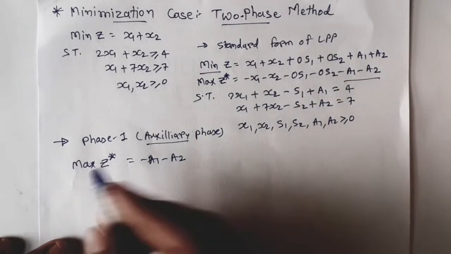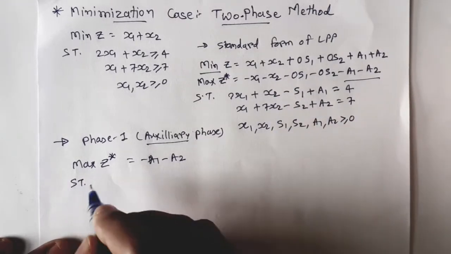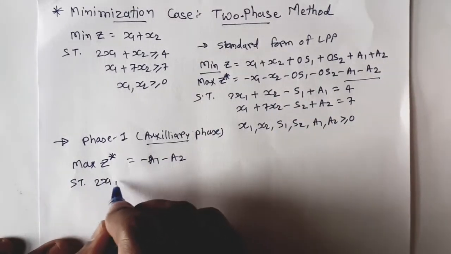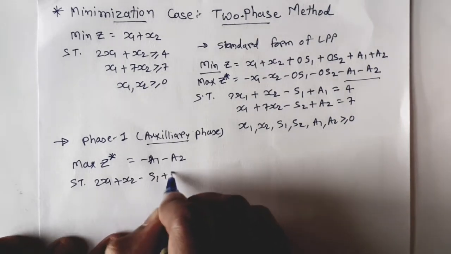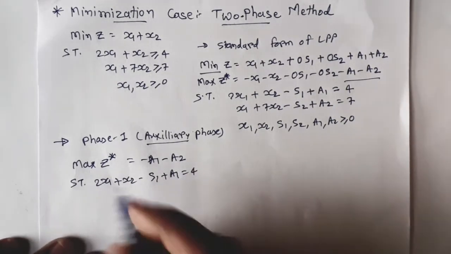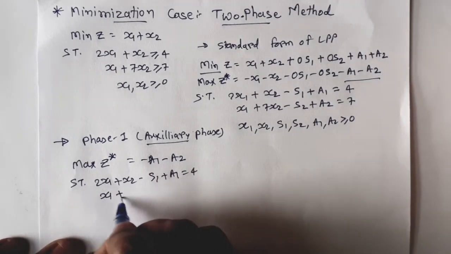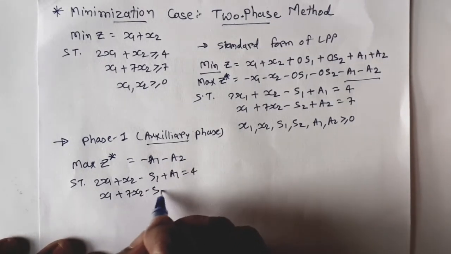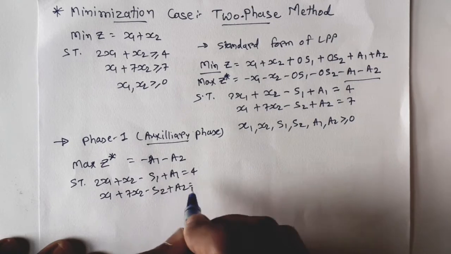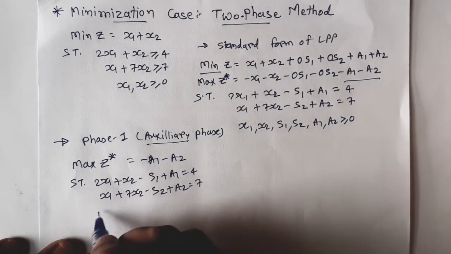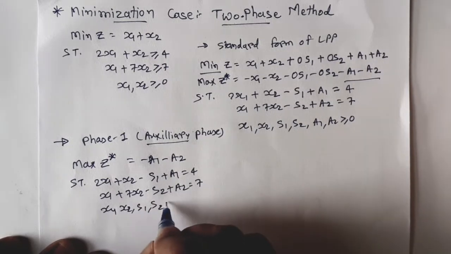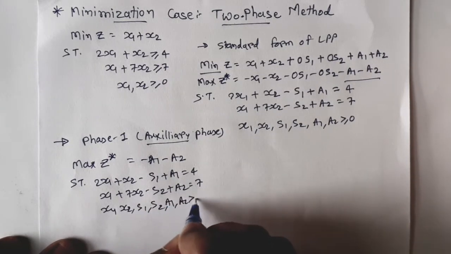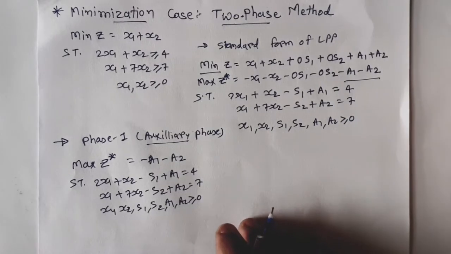The constraints remain as they are: 2x1 plus x2 minus s1 plus a1 equal to 4, and x1 plus 7x2 minus s2 plus a2 equal to 7, and the non-negativity constraint that x1, x2, s1, s2, a1, a2 are greater than or equal to 0.